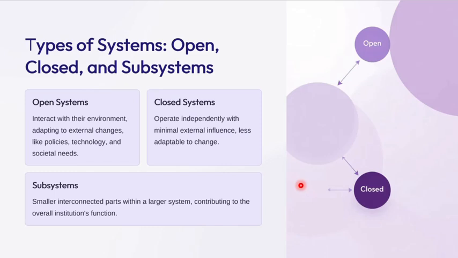So, for example, there are different departments within a university, such as the research office, student affairs, and academic affairs, all working together to support the goals of the institution.